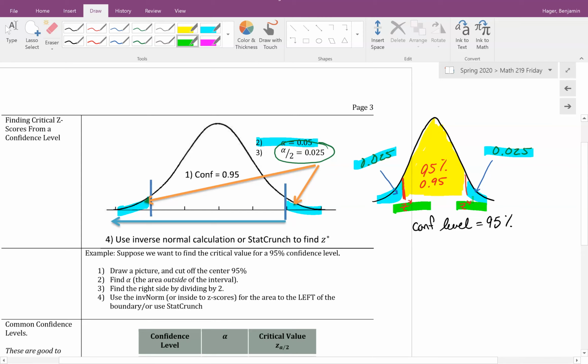And because in our interval we're adding and subtracting these numbers, we don't really bother with the negative sign, although we usually end up finding this one because our z-tables tell us left area. But when you go consult the z-table, you're going to get a negative z-score. You'll see that our z-star value ends up just being the positive version of that. And again, because you're going to be adding and subtracting that amount, it doesn't really matter if you have a positive or a negative. It's going to work out the same either way. Or you can consult StatCrunch and it'll help you find these numbers.